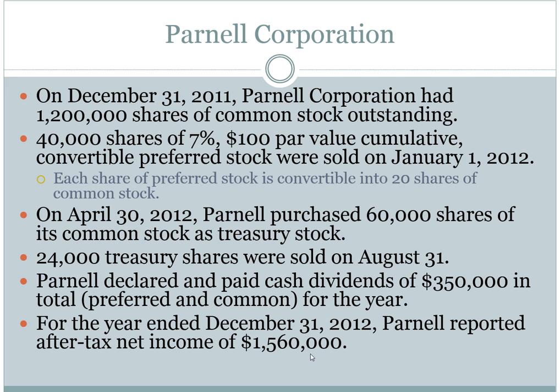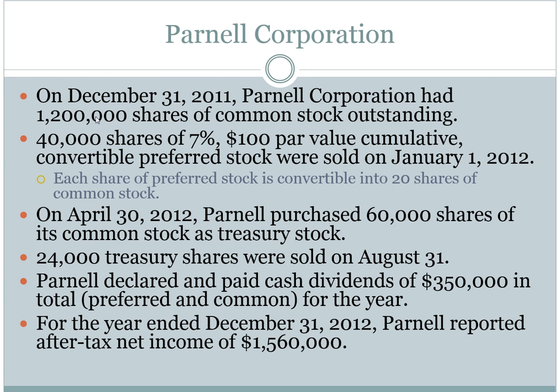Earnings per share, conceptually, is pretty simple. It is just earnings, our net income that's available to the stockholders, divided by the number of shares outstanding. The problem here is that we have a handful of common stock transactions that occurred during the year, so it's not just 1.2 million shares that were outstanding at the beginning of the year.